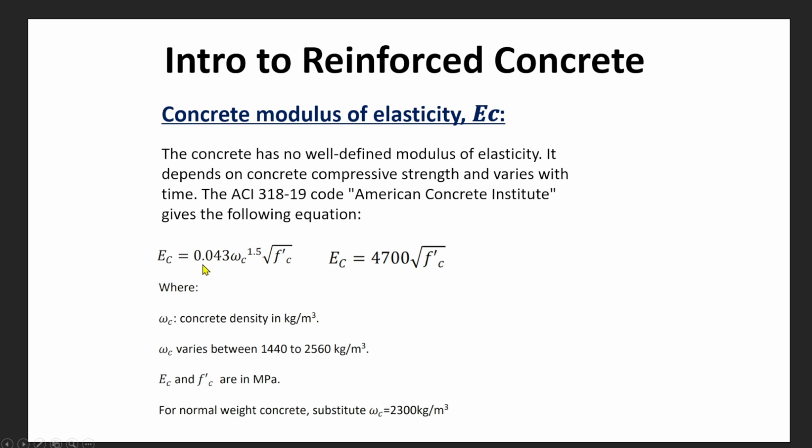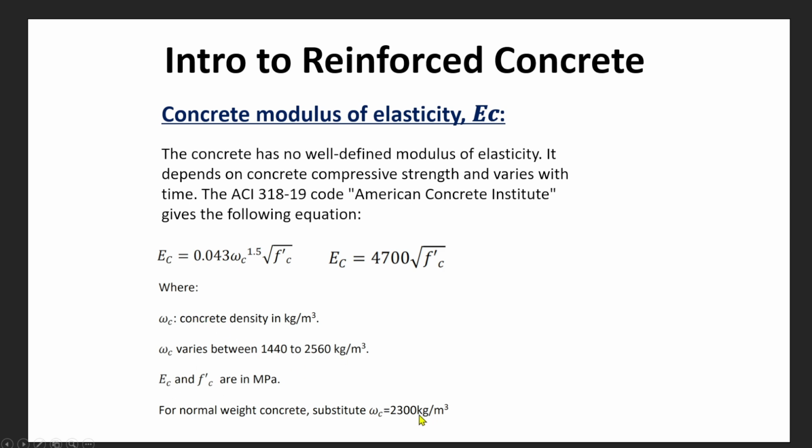EC is equal to 0.043 omega C to the power 1.5 times square root of FC prime. FC prime is the compressive strength. Omega C is the concrete density in kilograms per cubic meter, and it varies between 1,440 to 2,560 kilograms per cubic meter.